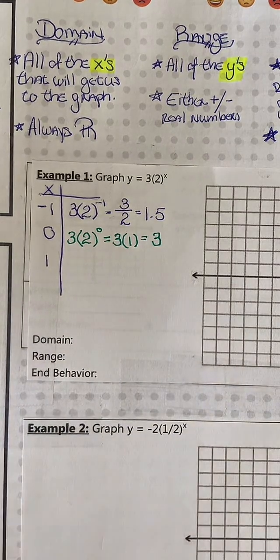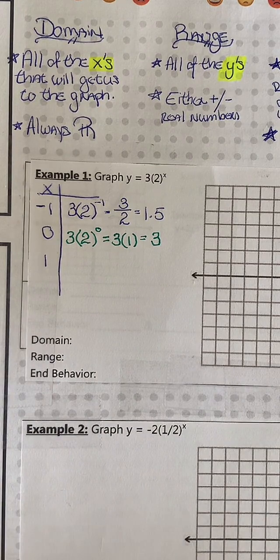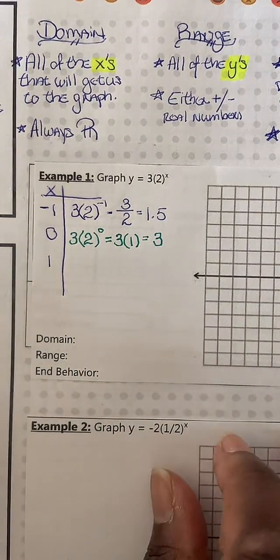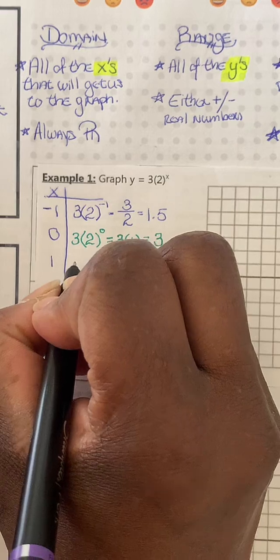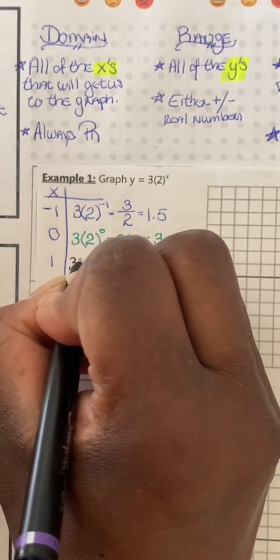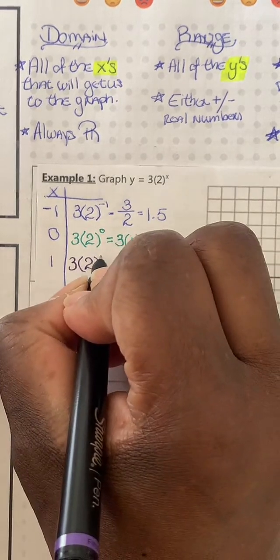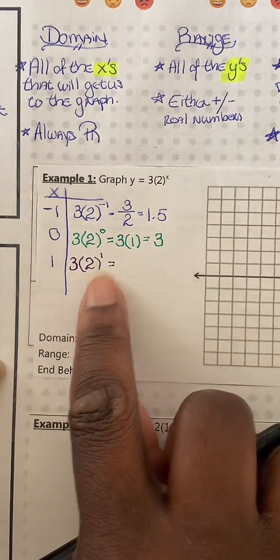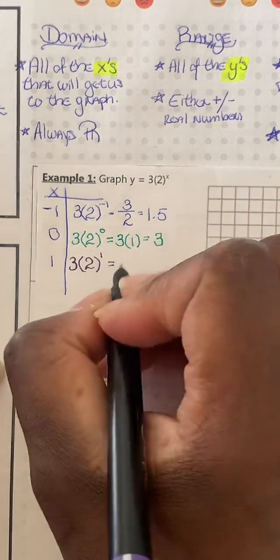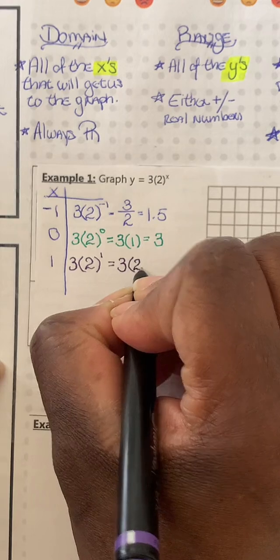Now lastly, one more time. Yes, this is an exponential function. All right, so we have 3, and we have our b, which is 2, but this time we raise it to the first power. So 2 raised to the first power gives me 2.